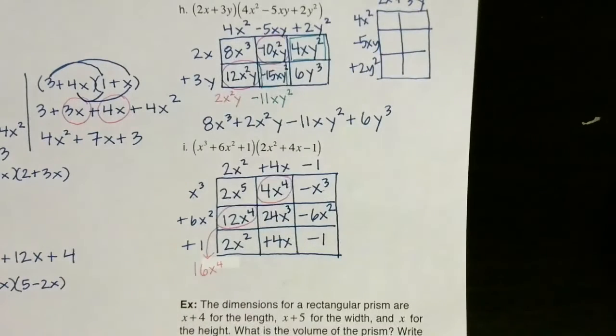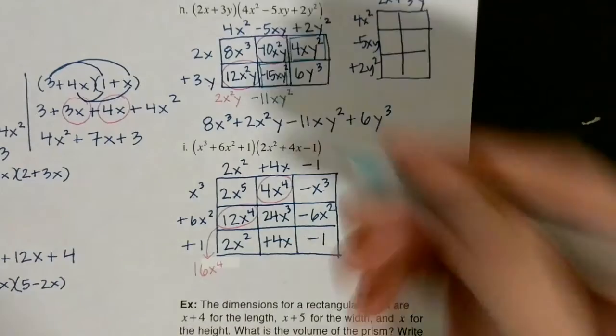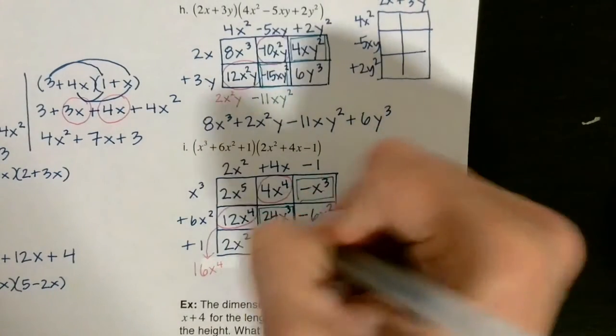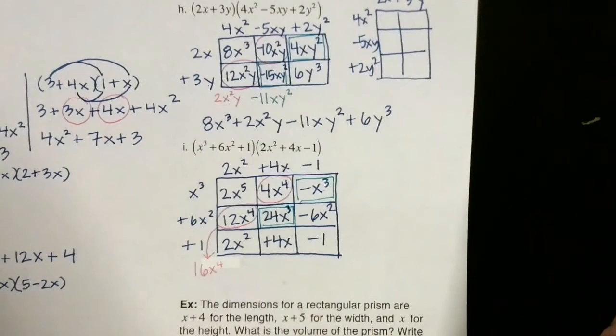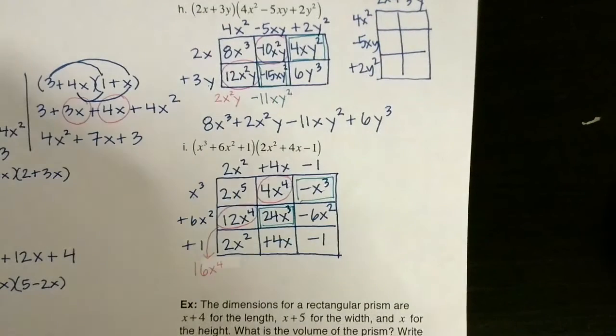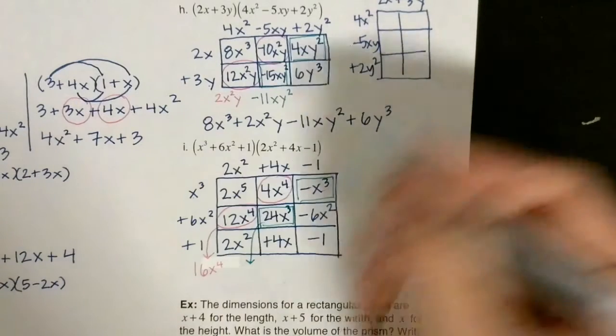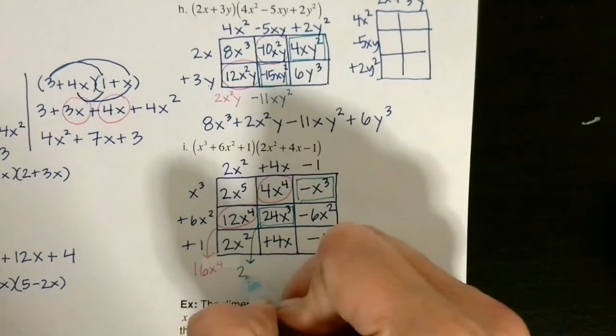You could do that part in your head too if you wanted. Next, x cubed and 24x cubed, and that's it. So x cubed and 24x cubed makes what? That's going to be 23x cubed.